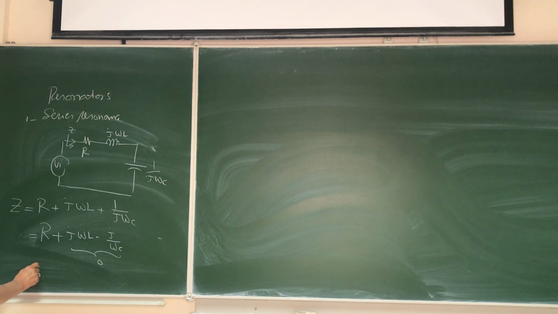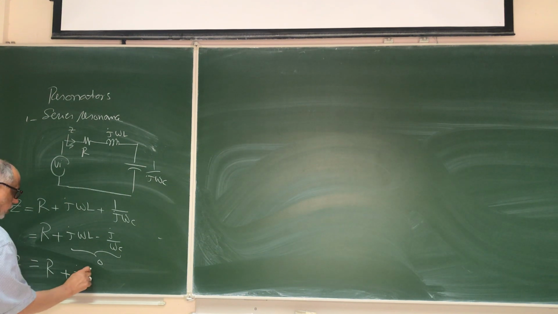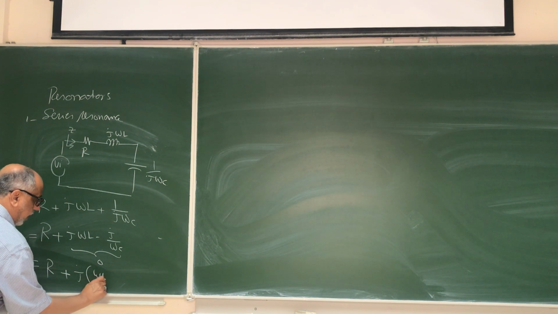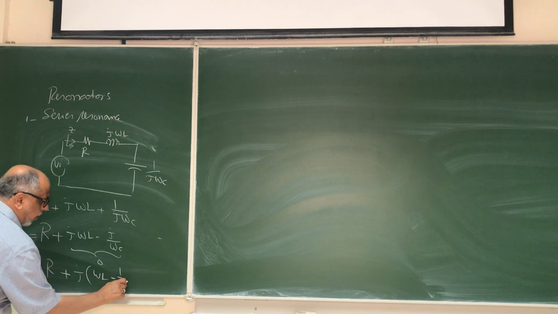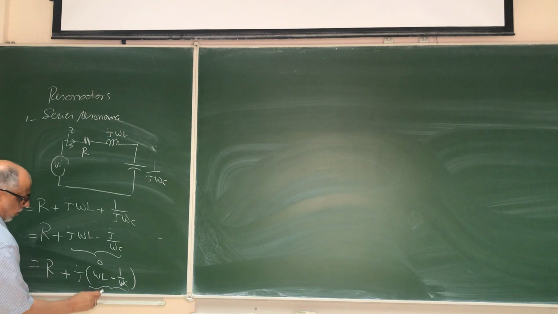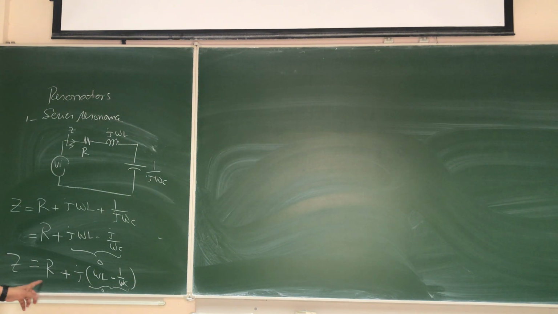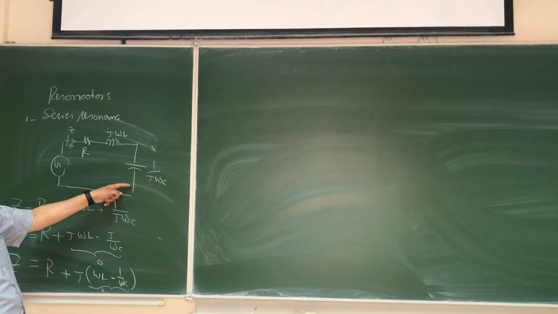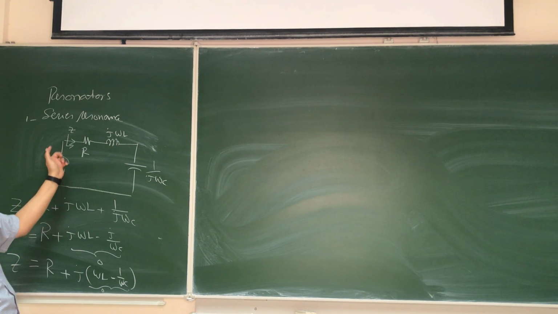We can rewrite this as Z equals R plus j(omega L minus 1 over omega C). We set this equal to 0, and hence our impedance will be purely resistive, meaning these two will be shorted out, and hence we'll have a maximum current.